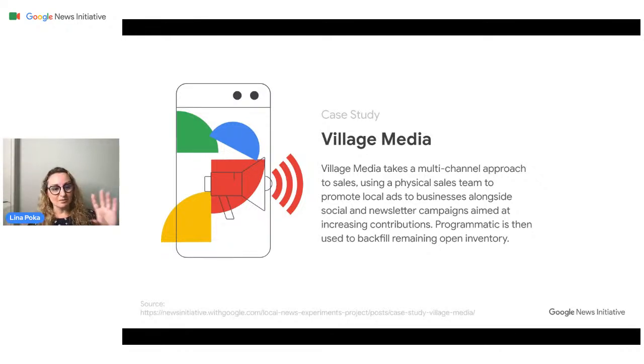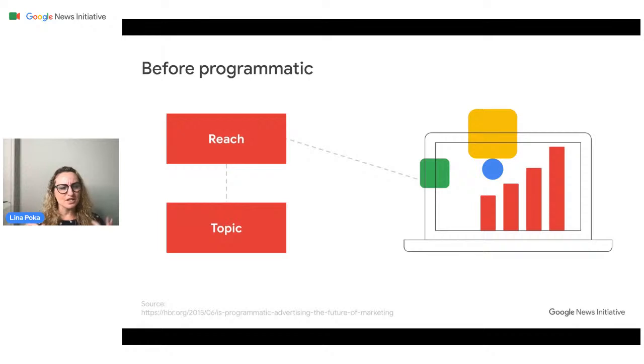So we see the human side, 74% of the revenue, the newsletter side, 4%, and programmatic layering in, combining all of the tools and making them work harder and better, producing much, much better results for them.